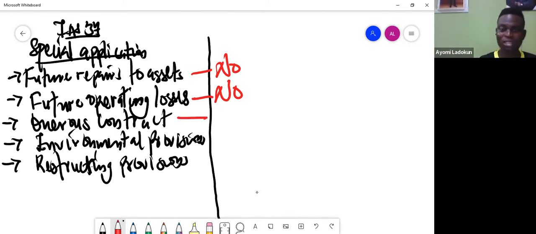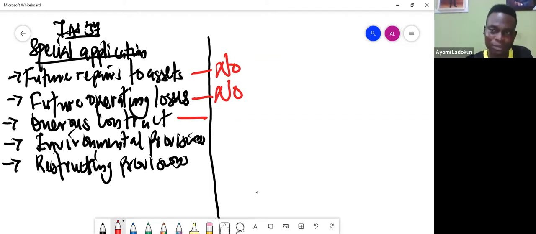Onerous contract. What is an onerous contract? The unavoidable cost of fulfilling a contract exceeds its economic benefit. When the unavoidable cost of fulfilling a contract is higher than the economic benefit, then that contract is onerous. It usually happens around lease arrangements. Just like COVID, where, for example, you have a warehouse and you're going to pay 500,000 for the rent, let's say for the next 2 or 3 years.